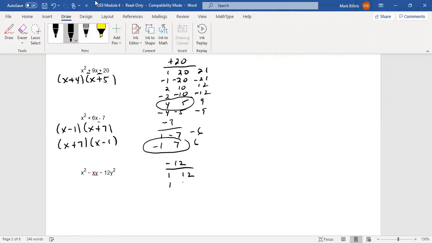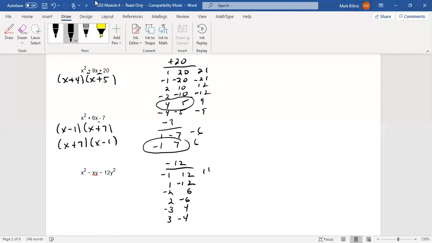Now I'm going to write down all the possible ways to get a -12 in multiplication. -1 times 12, 1 times -12, -2 times 6, 2 times -6, -3 times 4, and 3 times -4. Now add these together.